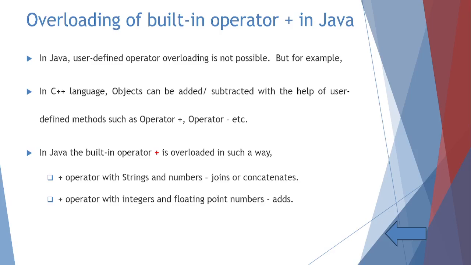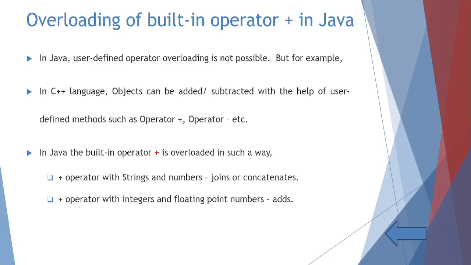So programmers write programs using the operator keyword then plus. Then this plus can be applied on objects. For example, a time object is there. Time has hours and minutes. So if two time objects want to be added, if they write a program, T1 plus T2 objects can be added just like primitive data types. But in Java, that facility is not there for the programmers.